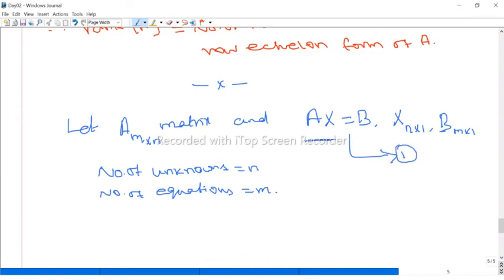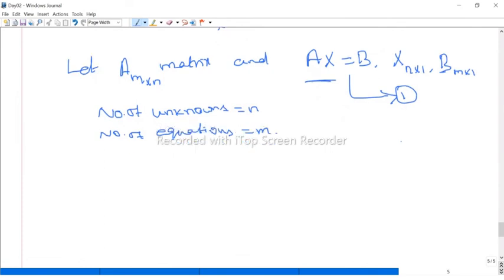Now, when does equation 1 have exactly one solution, infinitely many solutions, or no solution?